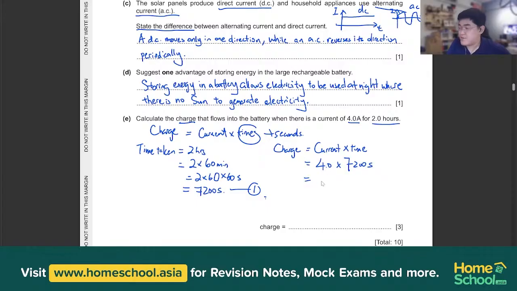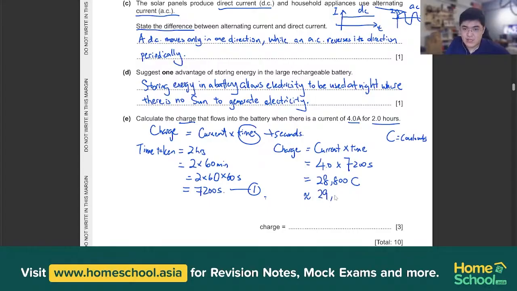And that gives you 28,800 coulombs. This is the SI unit for charge, okay? Coulombs. C is equal to coulombs. Now as per usual, don't stop there. We have to convert this into two significant figures as per usual.